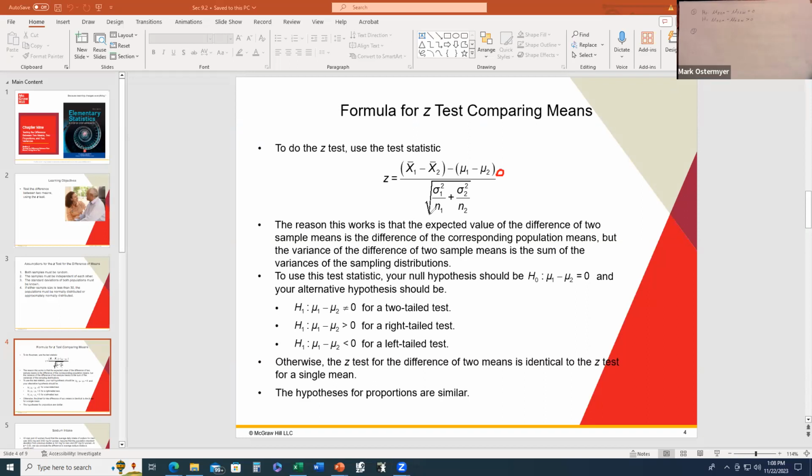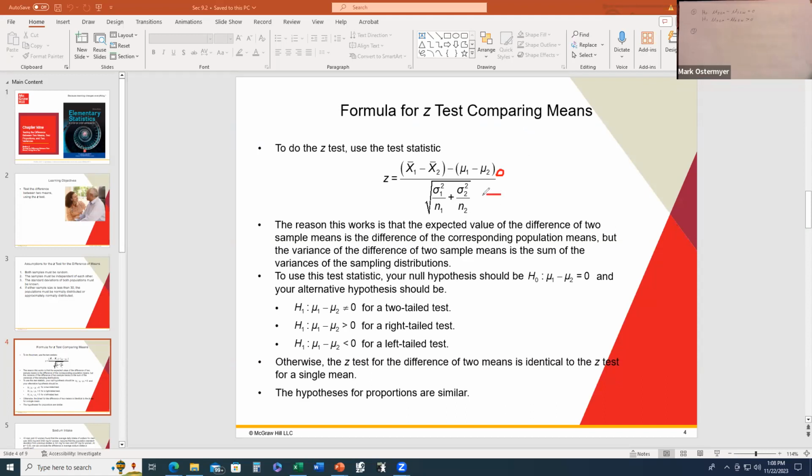And it's going to be divided by the standard error. And actually, this is a pooled standard error of the sampling distribution of the difference between all sample means of all samples that are extracted from both parent populations, which could number in hundreds of thousands or millions.